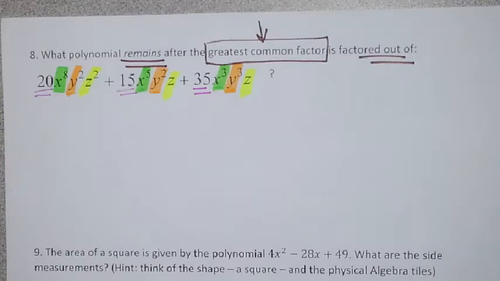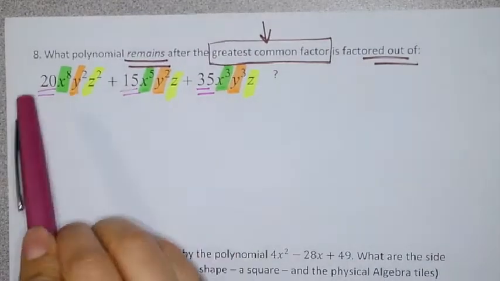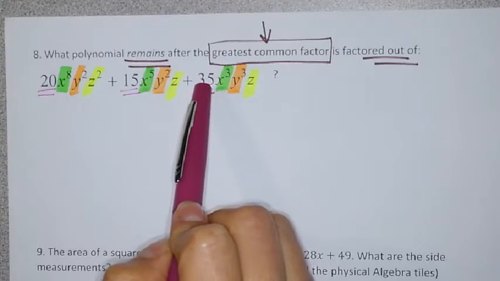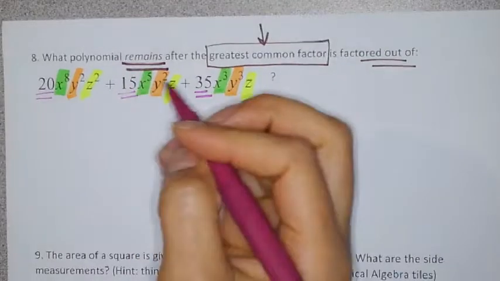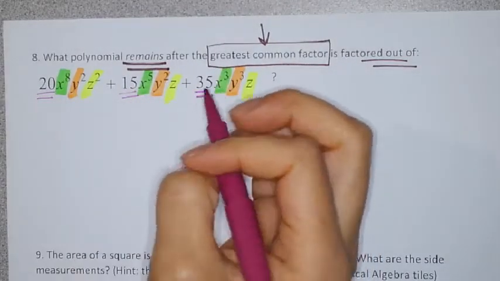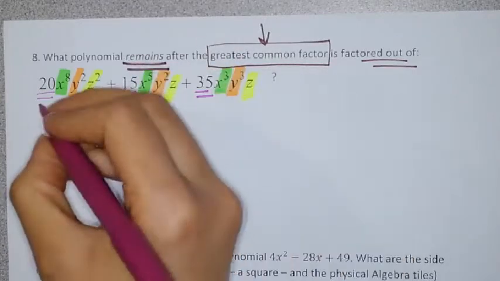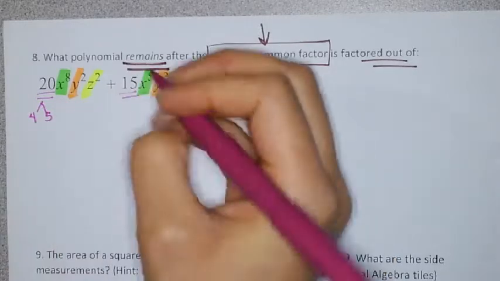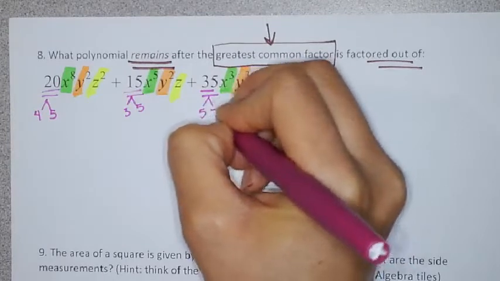So I'm going to take care of the number first, because that's the easiest thing. You've been doing GCF, greatest common factor of numbers, for several years. So between 20, 15, and 5, the greatest common factor would be 5. If you have trouble doing that, you can start by getting the prime factors of each and then see what they have in common. For example, 4 times 5 is 20, 3 times 5, and 5 times 7.